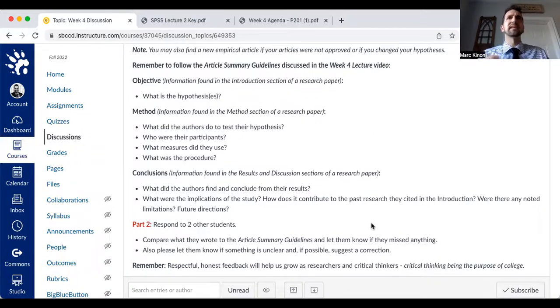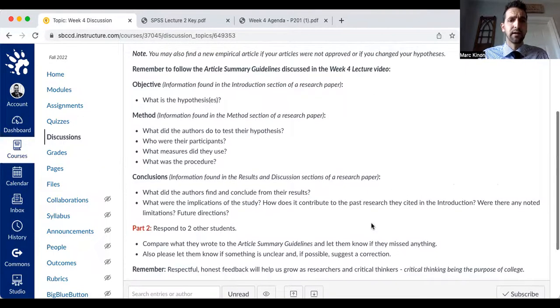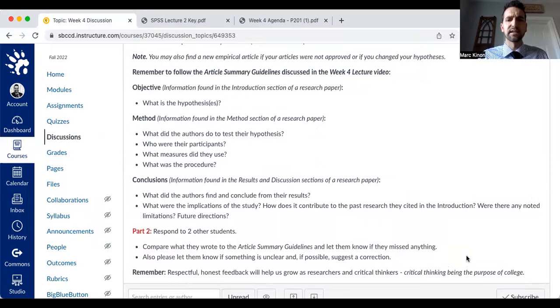Just say more. Tell them what they did well or something they can improve on. Did they follow APA style? Is it at least a page long? After you read it, do you have questions? Also, please let them know if something is unclear, and if possible, suggest a correction.